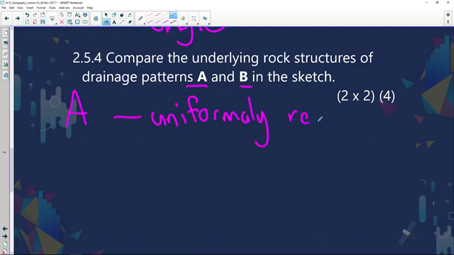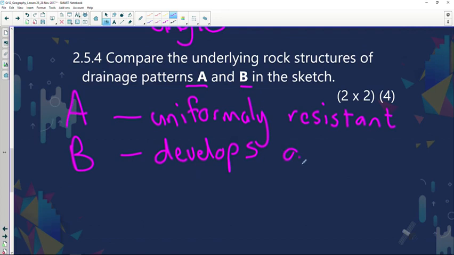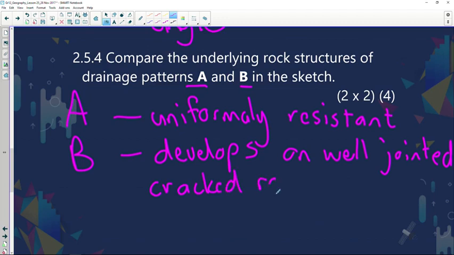It means it's the same type of underlying rock, like homogeneous rock. And the rectangular pattern develops usually on joints, on well-jointed, cracked rock. So they are not uniformly the same.